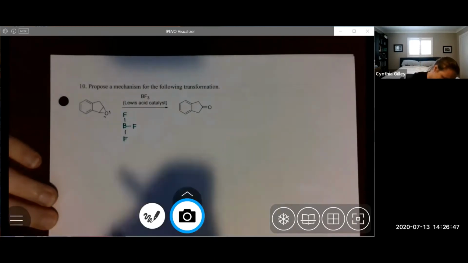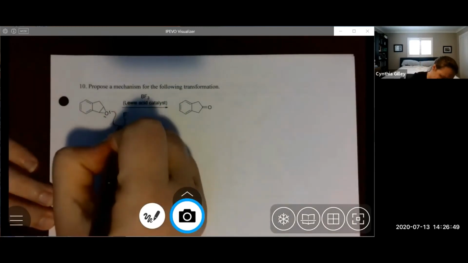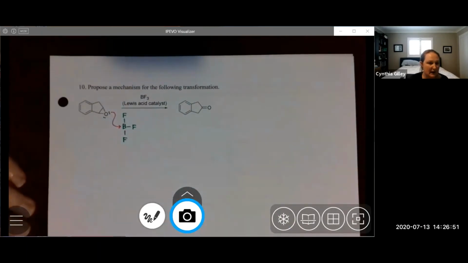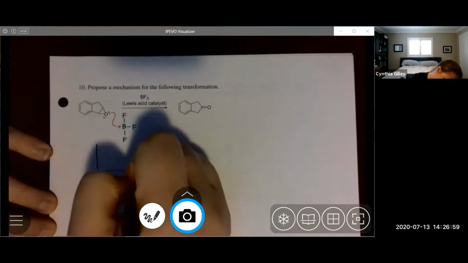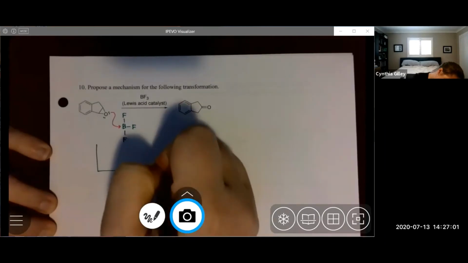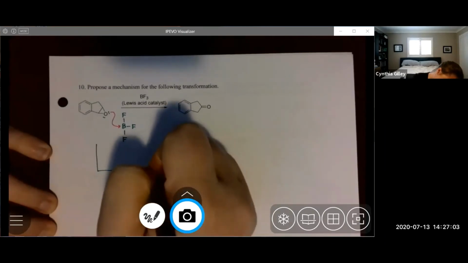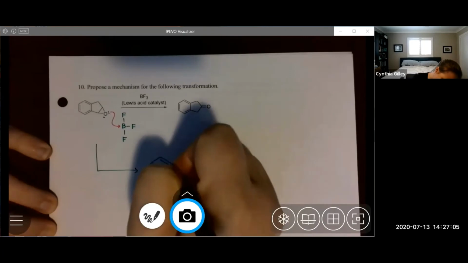So perhaps the lone pair acts as a Lewis base and reacts with the boron as a Lewis acid and forms an acid-base complex. Draw that.